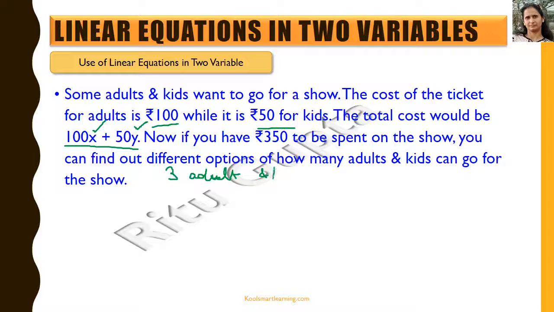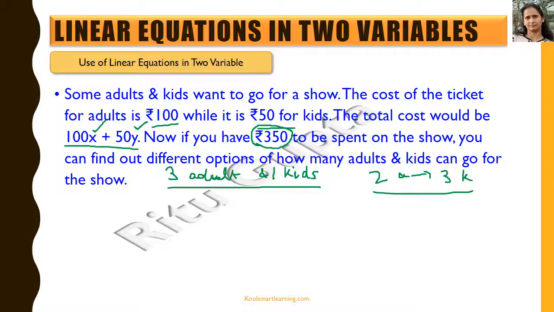So we get 100 into 3 and 50 into 1, which is 350 rupees, and because we had a 350 rupees budget to be spent on the show, we could plan to take 3 adults and 1 kid for the show, or we could take 2 adults and 3 kids. That would also result in the same amount being spent.